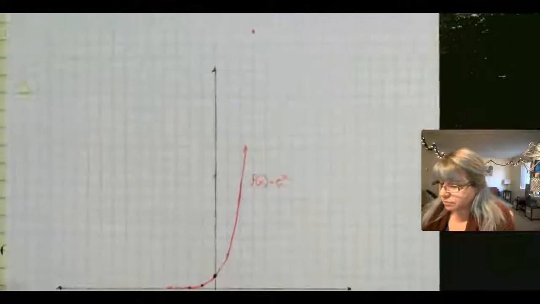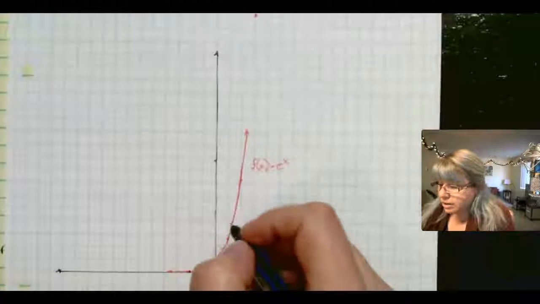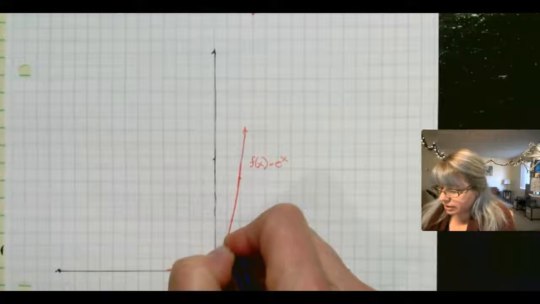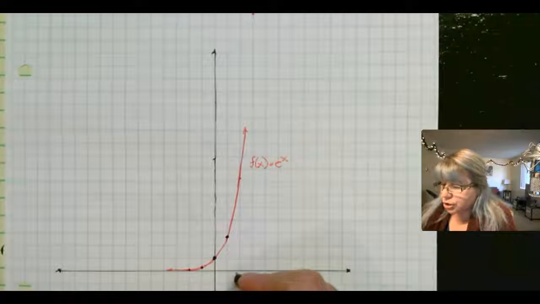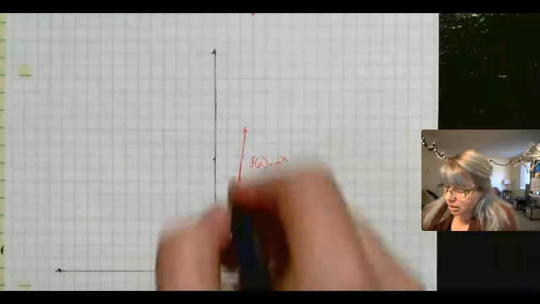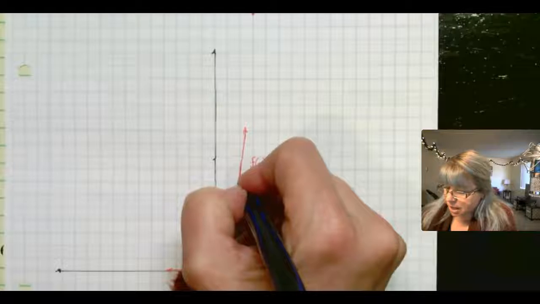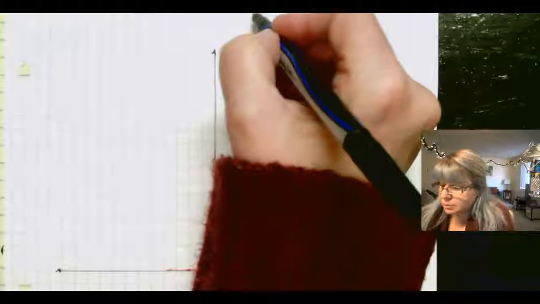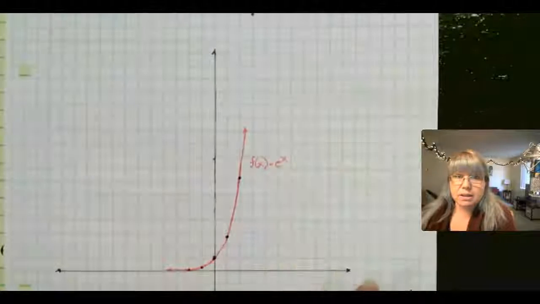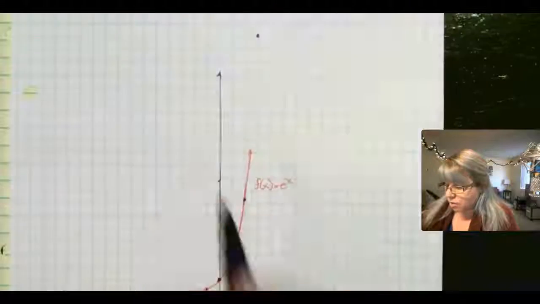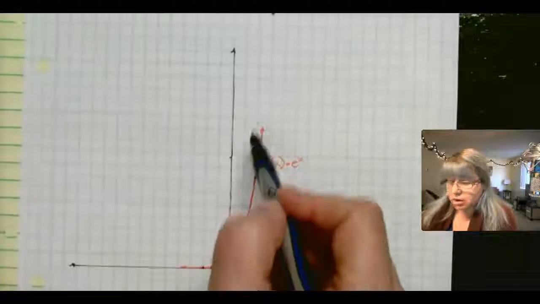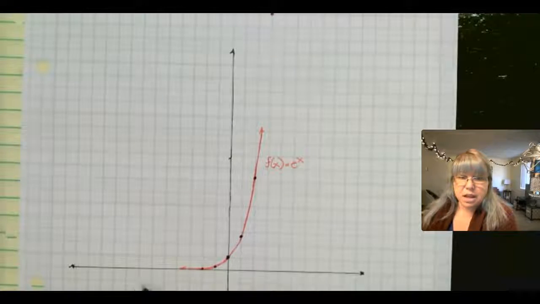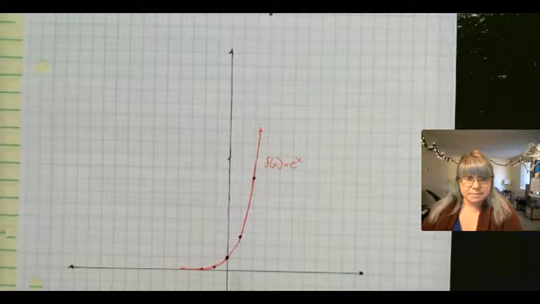There we go. 0 and 1. 1 and 2.7, so that's nearly 3 but not quite. 2 and 7.3, so that's 7 and about 1/3. And then 3 and 20.09 is way up here. So I'm not going to connect that dot way up there, but you can see it is part of that family of exponential functions.